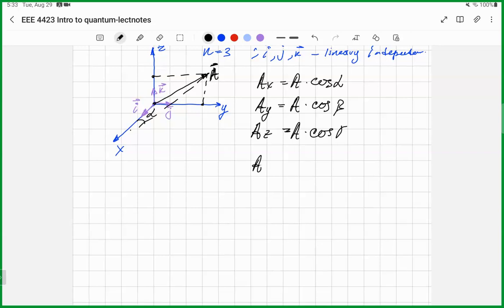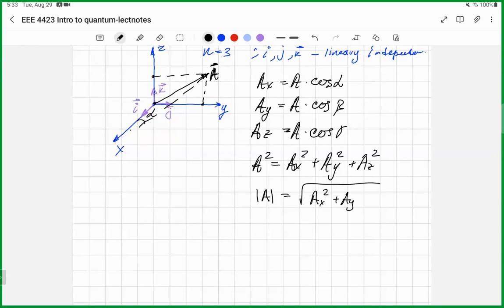And as a result, a squared would be equal to a_x squared plus a_y squared plus a_z squared, or the length of the vector is given by this formula that we already discussed. And this formula doesn't depend on the choice of the coordinate system.